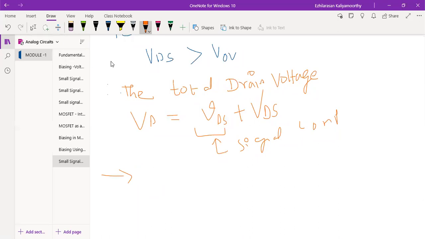Now the very important thing is we need to keep VDS sufficiently larger than VOV to allow for the required signal swing at the output.